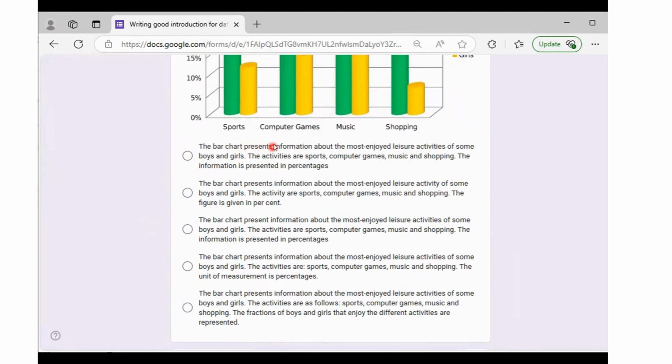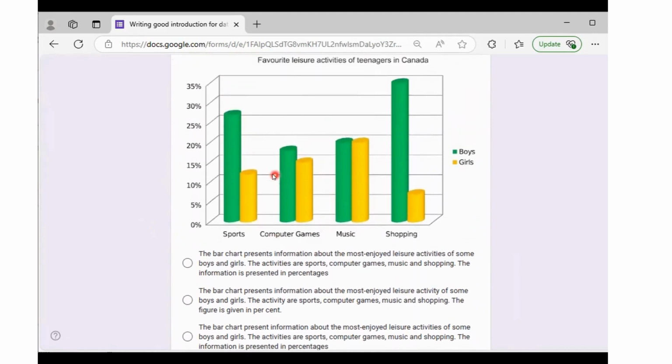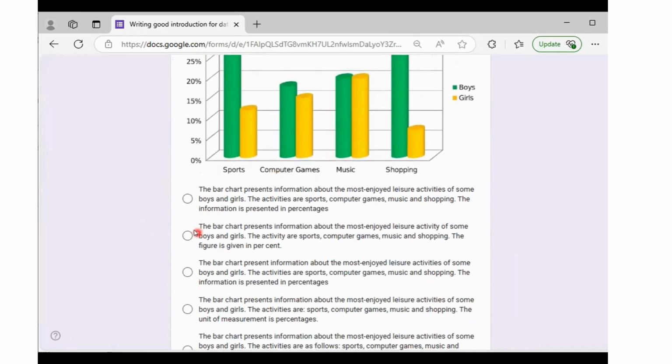The bar chart presents information about the most enjoyed leisure activities of some boys and girls. The activities are sports, computer games, music, and shopping. The information is presented in percentages. This first one looks okay. The second one, the bar chart presents information about the most enjoyed leisure activity. This one says activity, the other says activities.